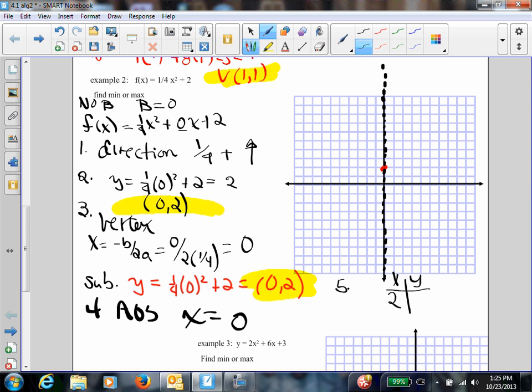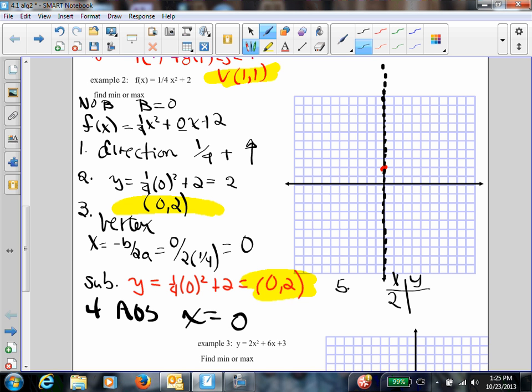If I let x be 2, I need to figure out its corresponding y value. How do I figure out that corresponding y value? Plug it back into the equation, right? Does that make sense? Every x value is going to fall on the curve. What defines the curve?